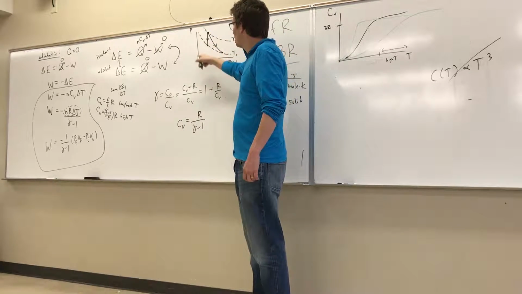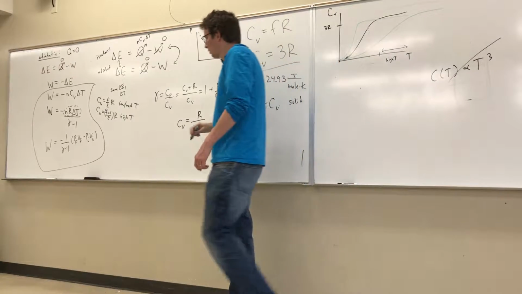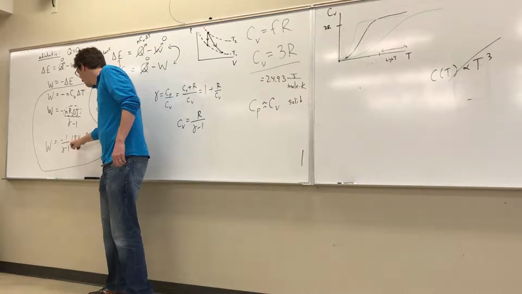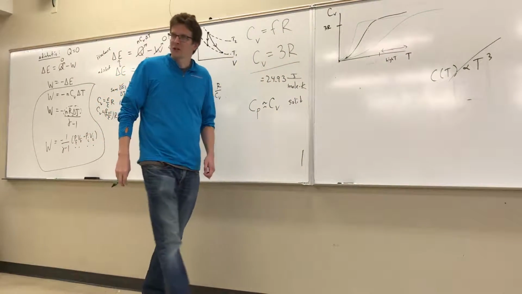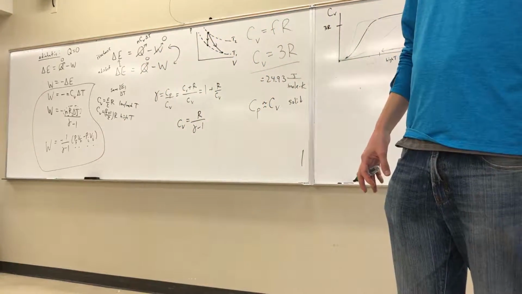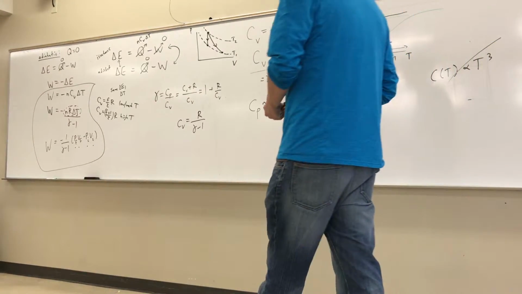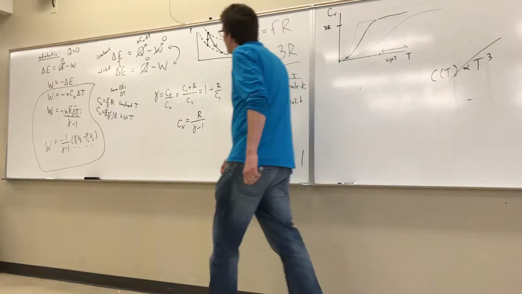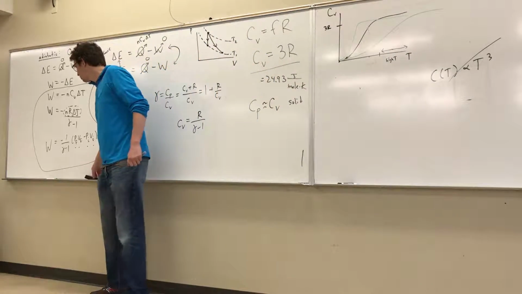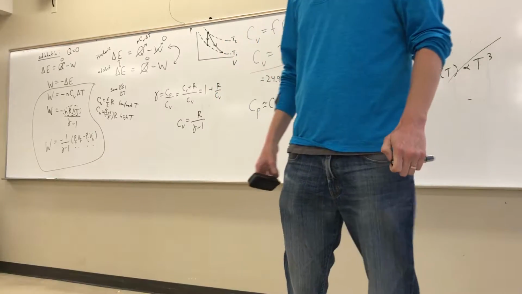So when you're actually trying to find the work, which is the area under the PV graph, oftentimes you have information about the pressures and volumes that you're working with, because of course those can be read directly off the graph. Does that make sense? Okay, so we're pretty much now all set with calculating the work.